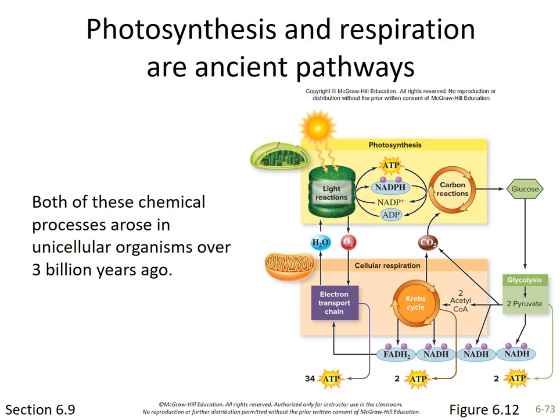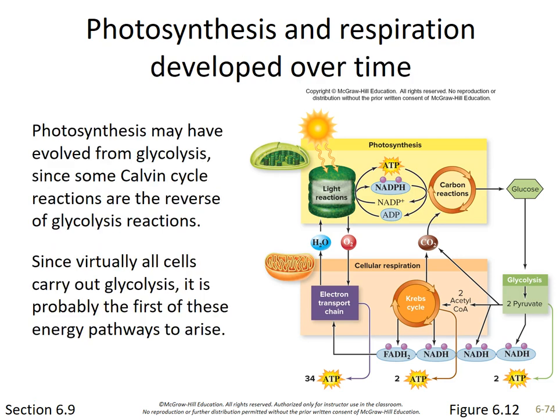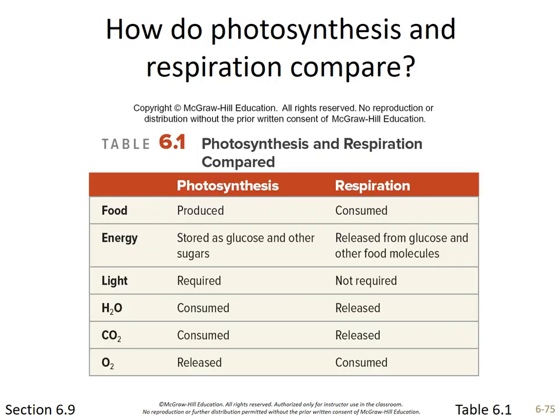Both chemical processes arose in unicellular organisms over 3 billion years ago. Photosynthesis may have evolved from glycolysis, since some Calvin cycle reactions are the reverse of glycolysis reactions. Since virtually all cells carry out glycolysis, it is probably the first of these energy pathways to arise. It's the most common of the processes between organisms.